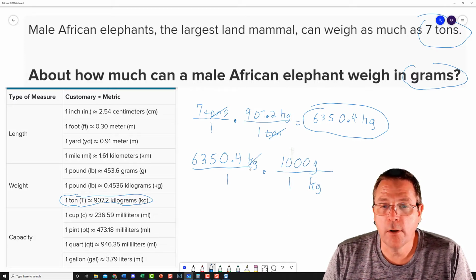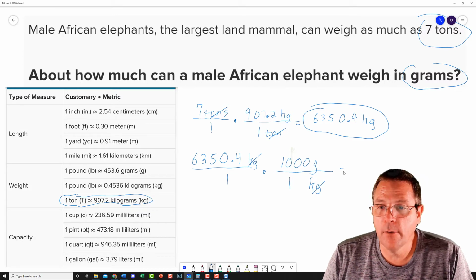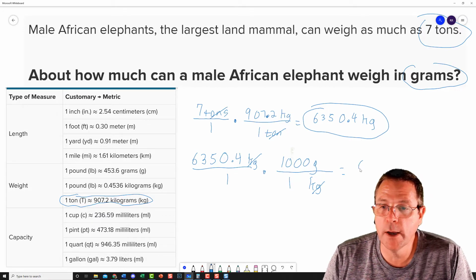Of course, the kilograms are now going to divide out, and because I'm multiplying by 1,000, I've got 3 zeros there. All I have to do is move that decimal 3 spaces to the right. So now I'm going to have 6350400. Put my commas in there, and of course my units, grams.